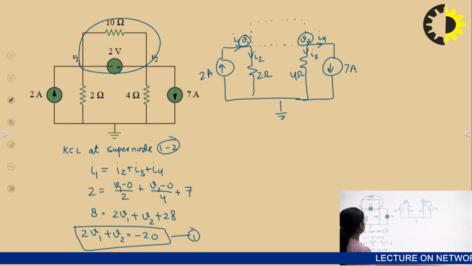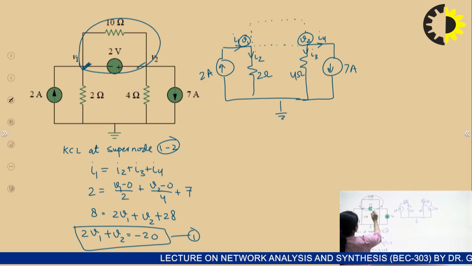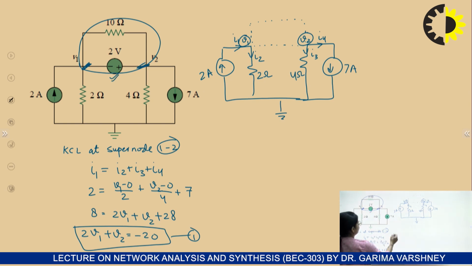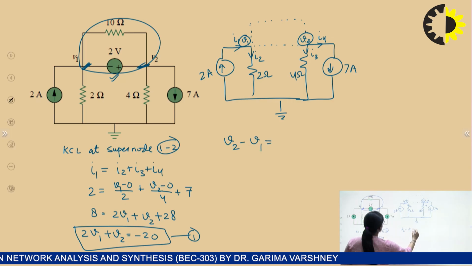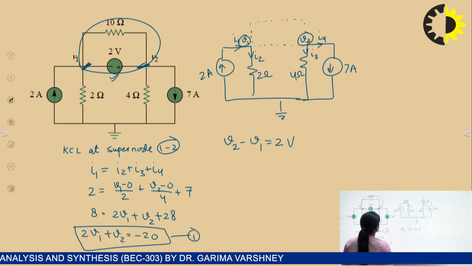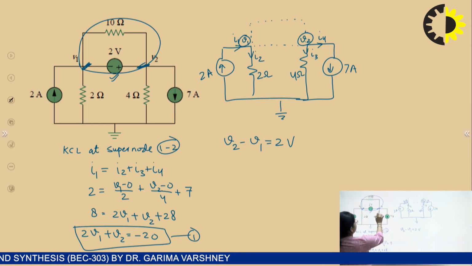Now the second equation, I will get the second equation through this supernode. What the supernode is saying? The supernode is saying the difference between these two nodes is 2 volt. That means supernode is saying that V2 minus V1 is equals to 2 volts. Supernode equation. The difference between these two nodes is 2 volts.